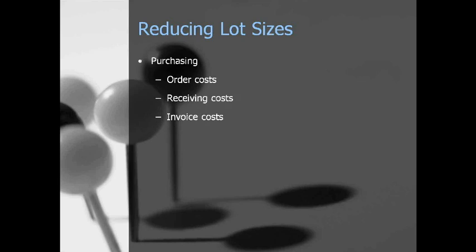The key here is, and I'm going to separate things we purchase, and then I'll talk about things that we manufacture. If we're going to reduce the lot size that we buy stuff in from our vendors, there are three costs that we have to reduce internally to make that financially viable.